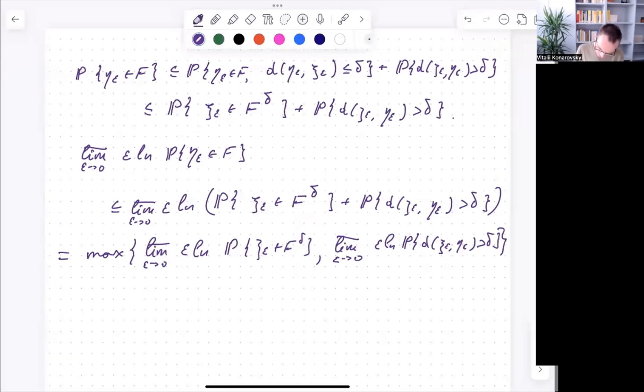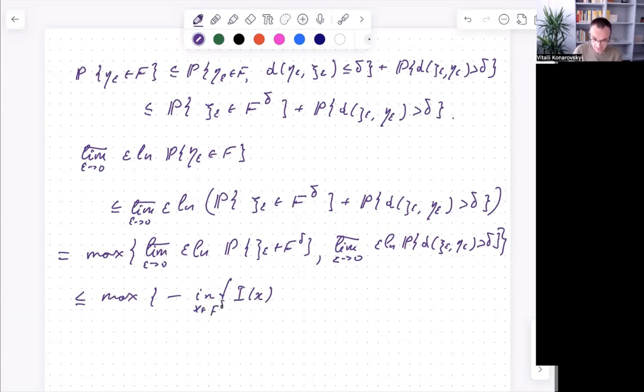Now, as I already said, we want to use that this set is closed and psi epsilon satisfies the large deviation principle. And also we want to use the exponential equivalence here. Therefore, we get that it is less or equal than the maximum between minus infimum of I(x) over x belonging to F delta, and minus infinity, and this is of course minus infimum over x in F delta of I(x).